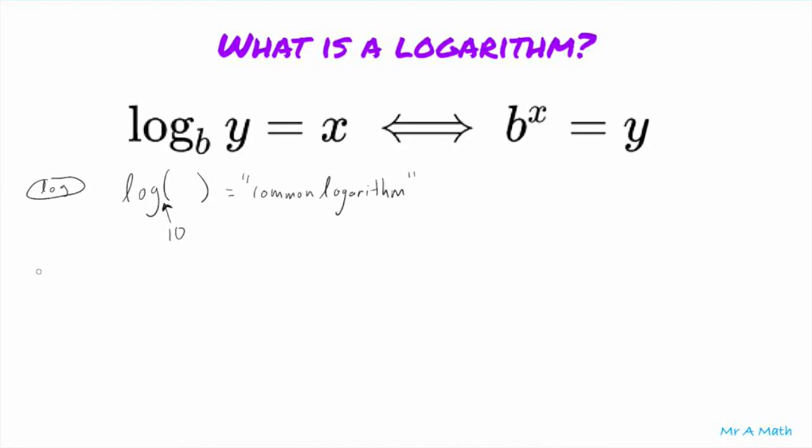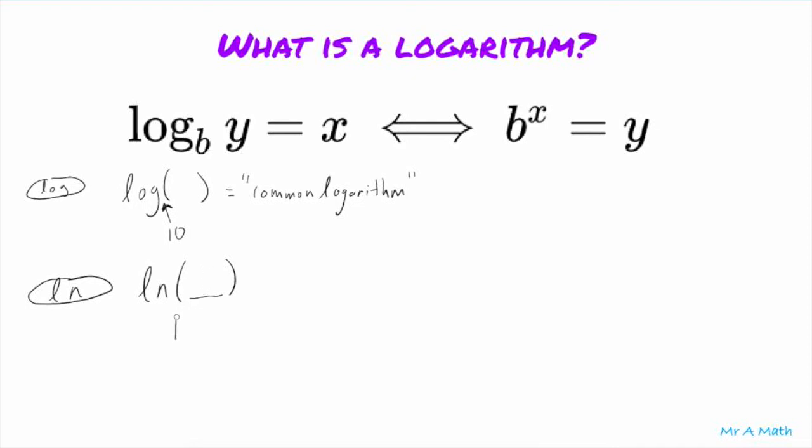And there's another button on your calculator you may realize, and it's usually right next to the log button, and it's the ln button. If you find that, you may be tempted to touch it, and if you do, you'll see that it will enter in ln, and then you'll have an empty spot to put in a number here.